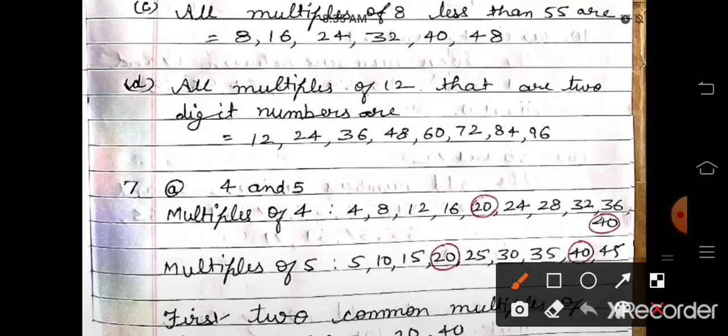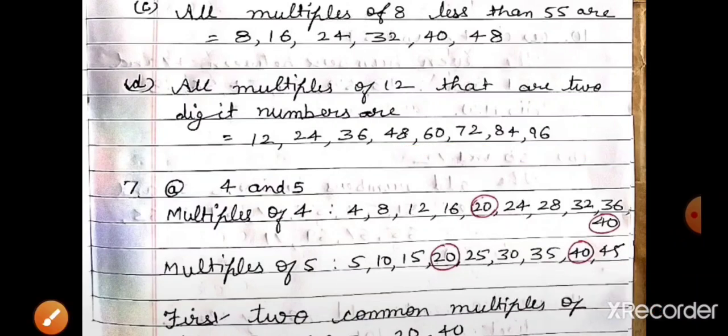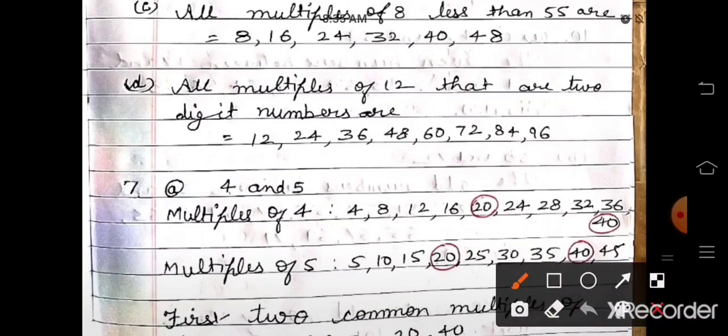So first multiple of 12: 12, then 24, 36, 48, then 60, 72, 84, 96. This is the table of 12. After 96, what will come? 108. So there are 3 digits. So up to 96 we have to write.